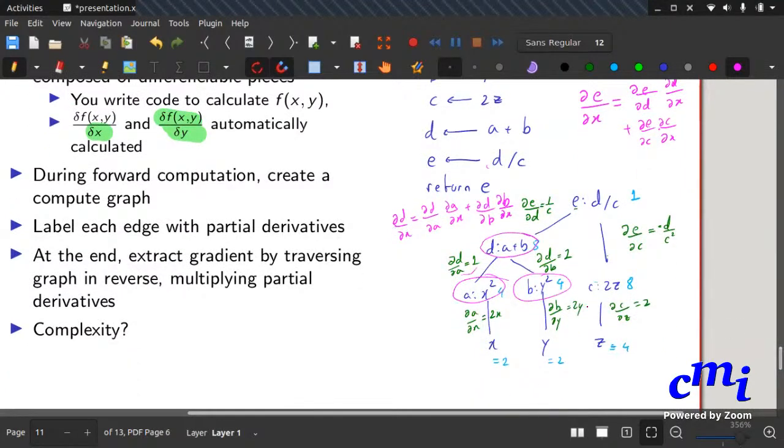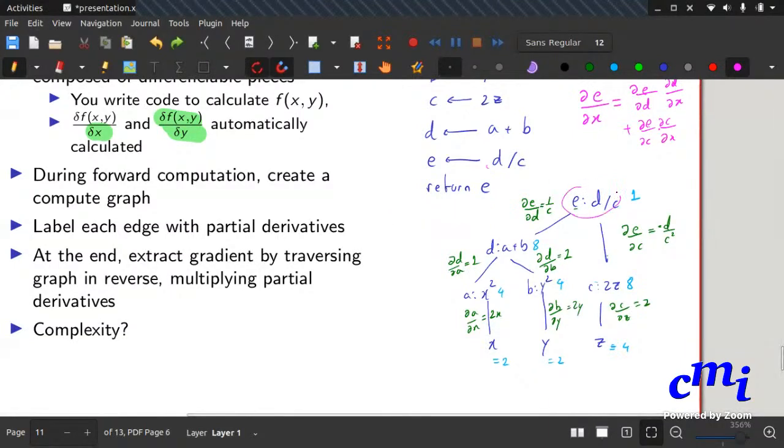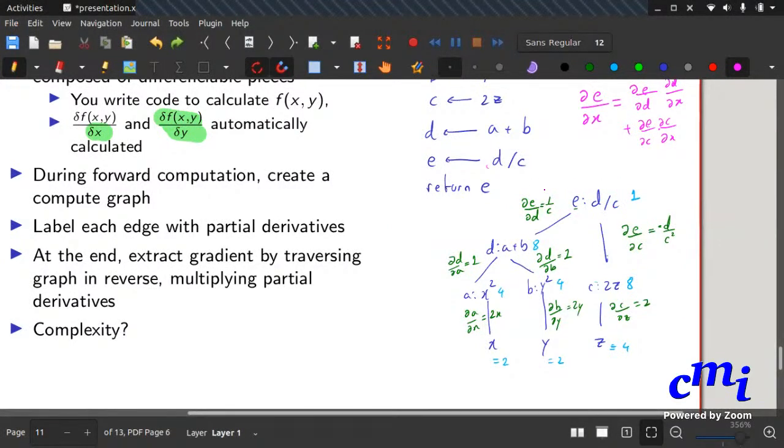So in general, via chain rule, you can think of calculating the partial derivative here as a recursive process, right? To calculate the partial derivative here, you first calculate these partial derivatives and these partial derivatives.